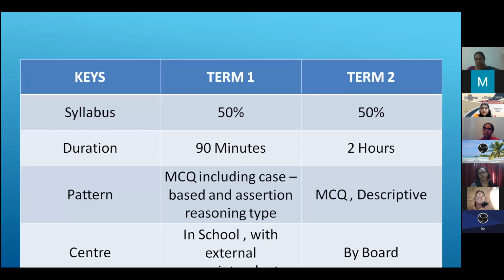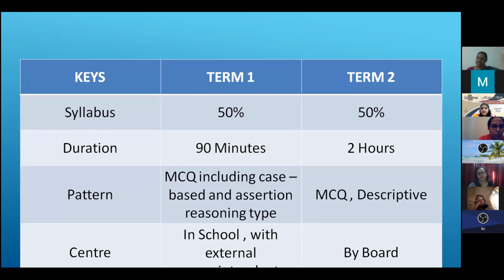We are not sure till now because we don't know how things will go. The third wave also started. That's why we don't know how the pandemic will affect all over India and the world. So whether it is in the school or online, we have to wait still. According to the condition in the months of November and December, CBSE will declare. Until then, we have to be patient.